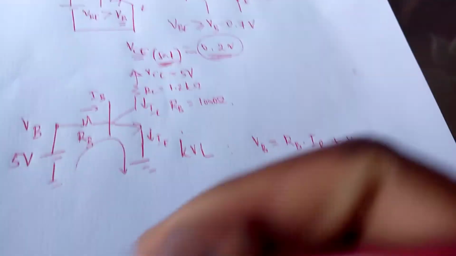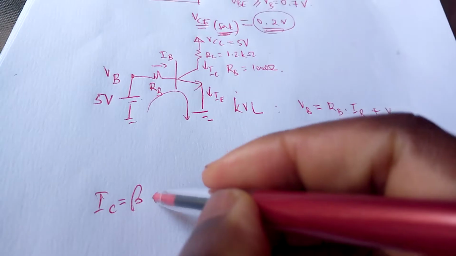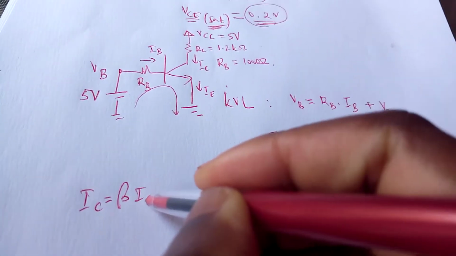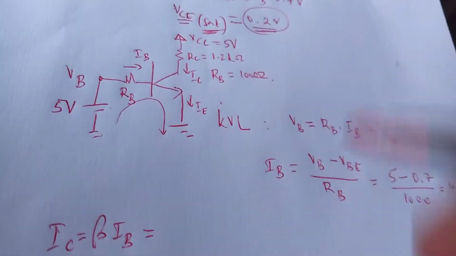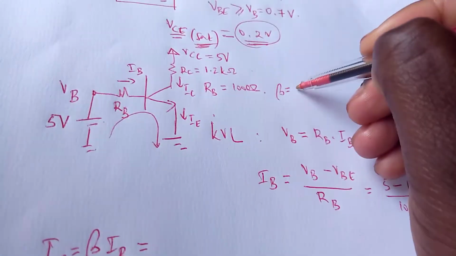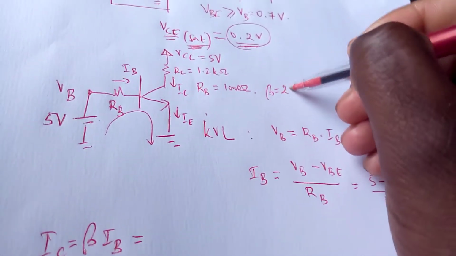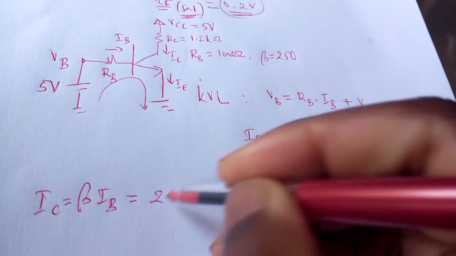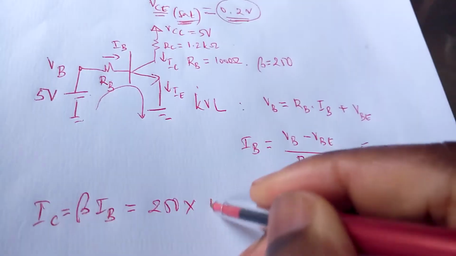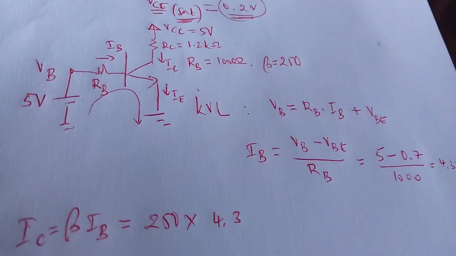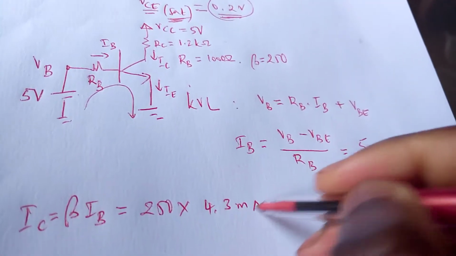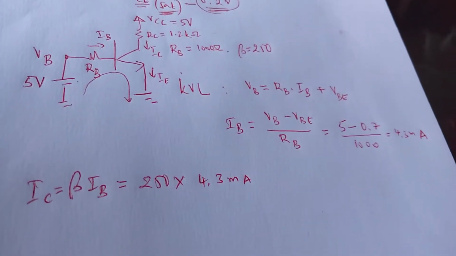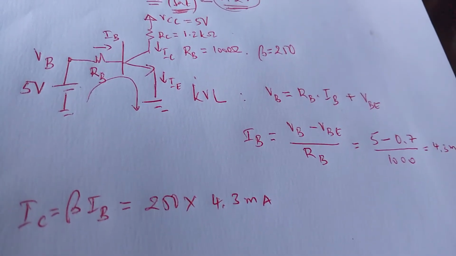So now, if one has to work out the IC value of this circuit, knowing its DC current gain beta, one will work IC as beta times IB. Let's assume as well, because we didn't give it, that beta is 250, for instance. That will be 250 times 4.3 milliamps.